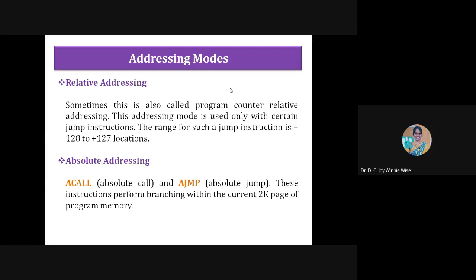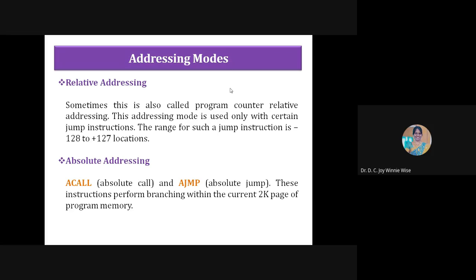2048. So from that memory location, it can jump or call a subroutine that is placed within the 2048 memory locations. In absolute addressing, we have two instructions, absolute call and absolute jump.